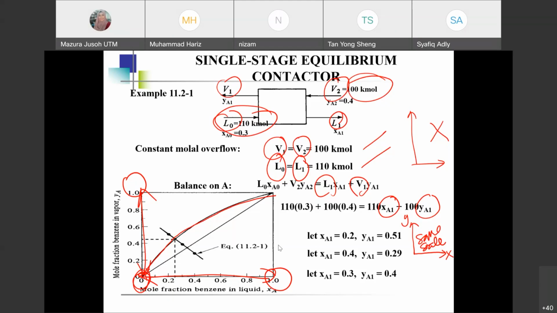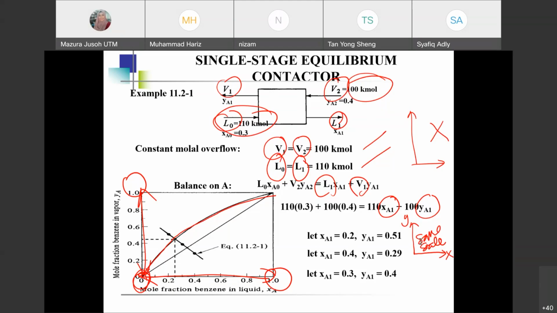But now I want you to take a value of not 0.2. You can go 0.25, 0.15, 0.28, up to you, your own value. And I want you to write down your value, what your XA1 is, and what do you get for your YA1.